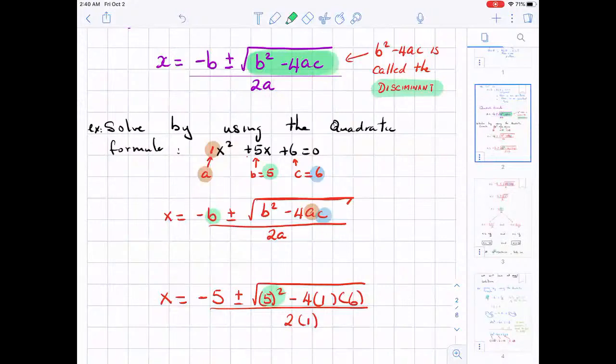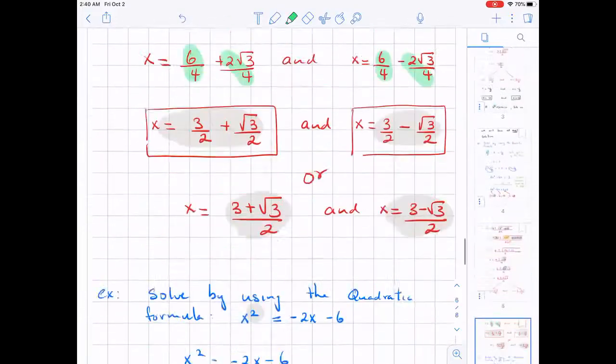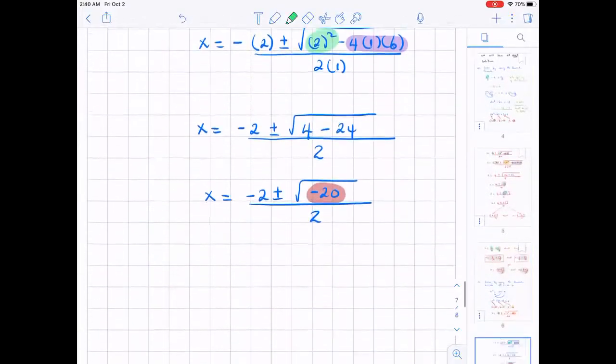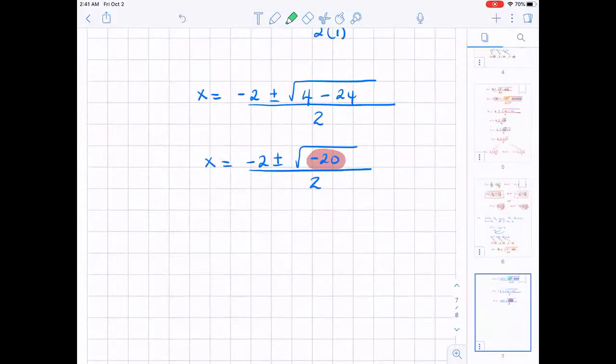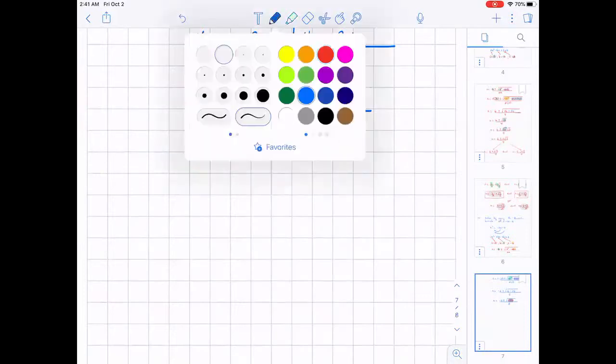So b squared minus 4ac is called a discriminant, in case I said anything earlier. So anytime the discriminant is negative, you'll get imaginary solutions, which we sort of know. So also 20 is not a perfect square, so we'll simplify this, okay?